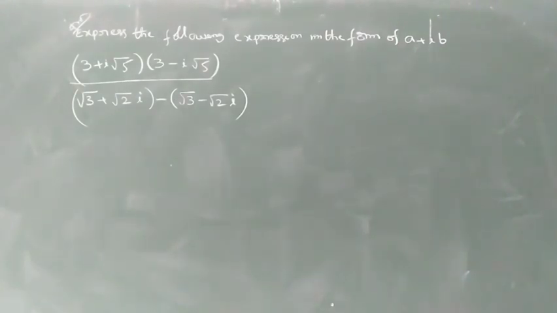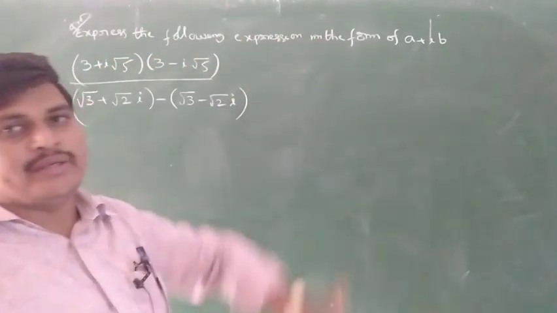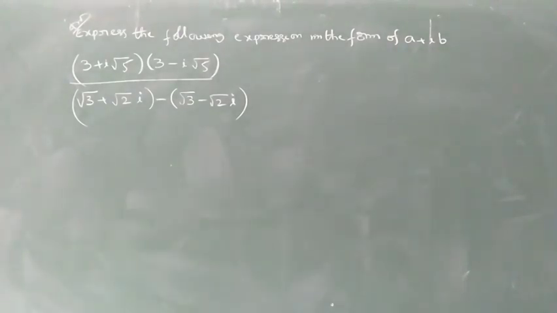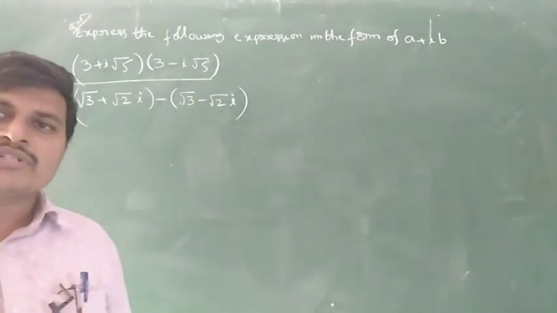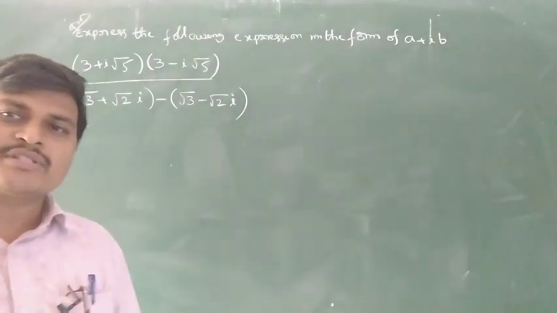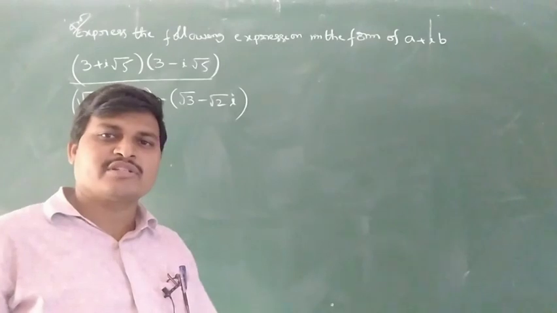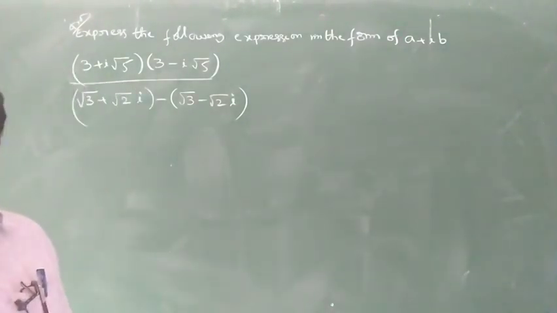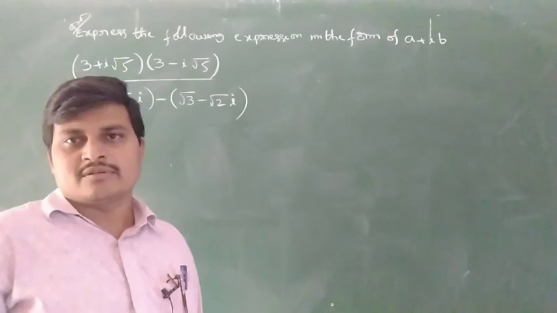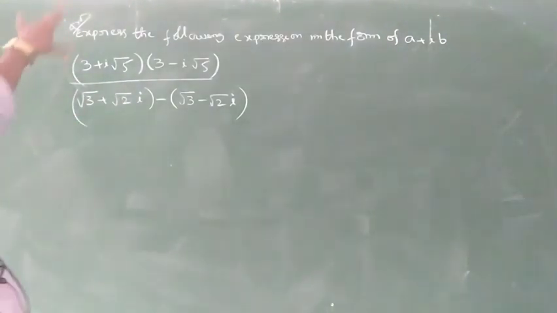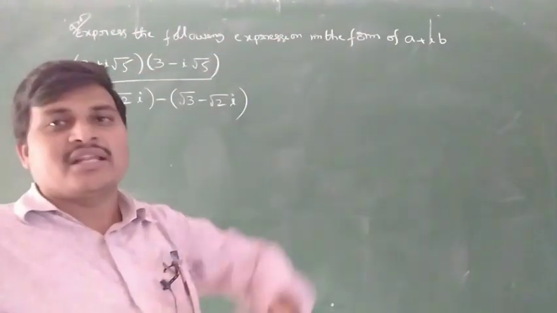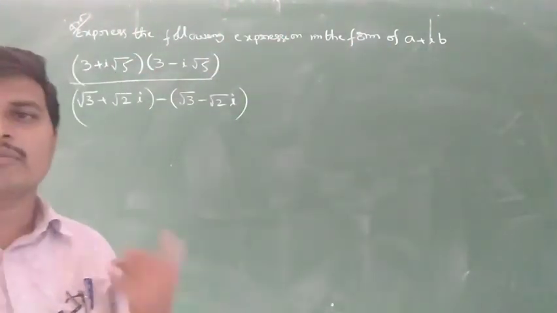This expression must be expressed in the form of a plus ib, a complex number. Complex number by complex number is a complex number. Complex number into complex number, complex number. Plus, minus, all give a complex number. So this is also a complex number, and we convert it into the a plus ib form.